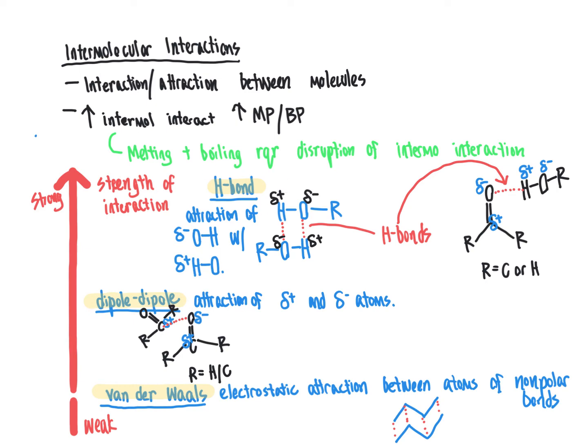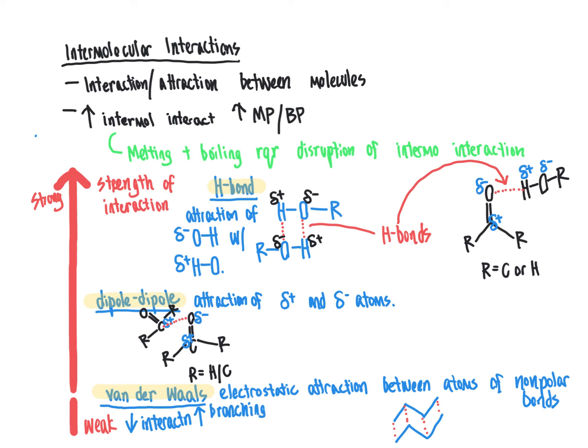And furthermore, if the molecule is branched, meaning the atoms aren't all part of a chain that's linear, but instead some of the carbons branch off as methyl branches, alkyl branches, or whatever else, branching is going to decrease the strength of these forces and hence decrease the intermolecular interactions. So we can add that as an addendum here under our van der Waals forces that we're going to decrease the interaction if we increase the branching of the molecule.